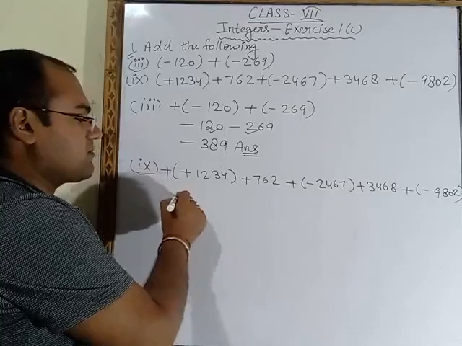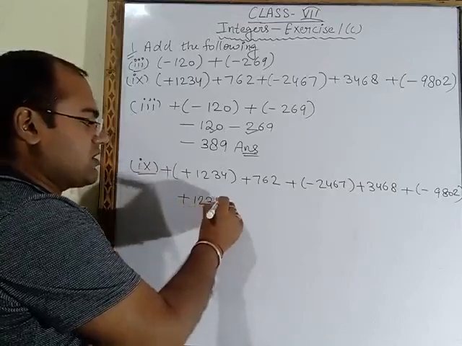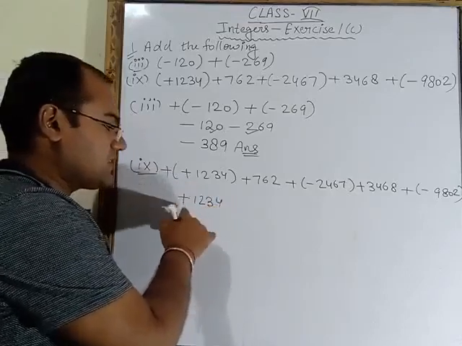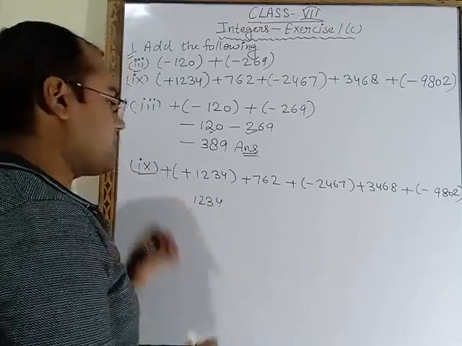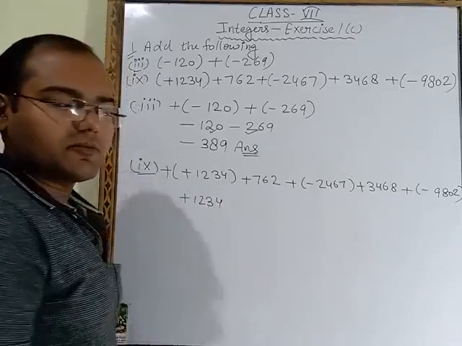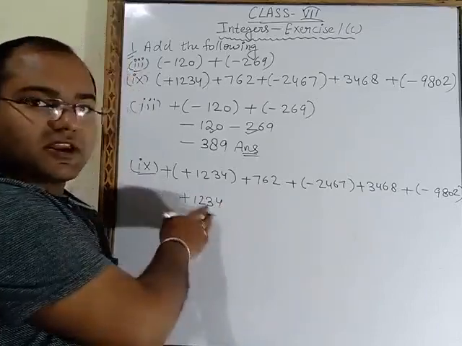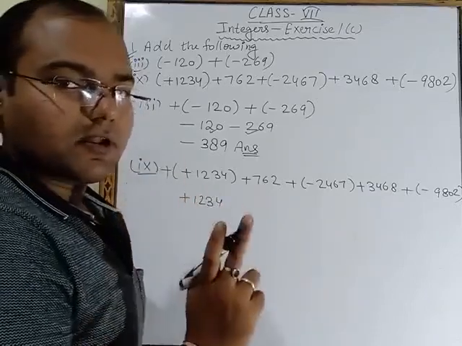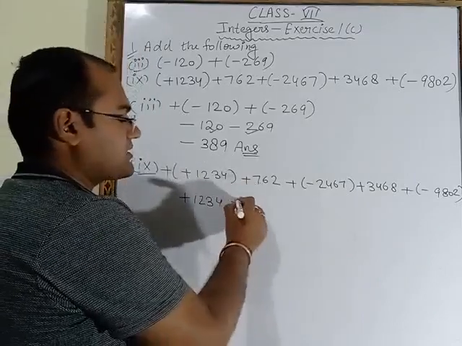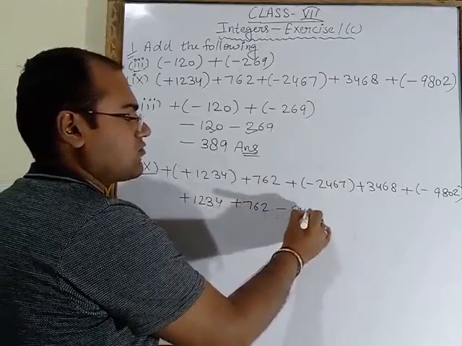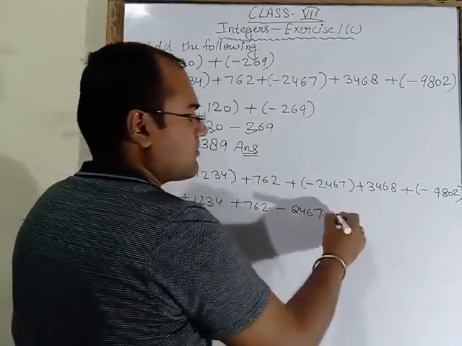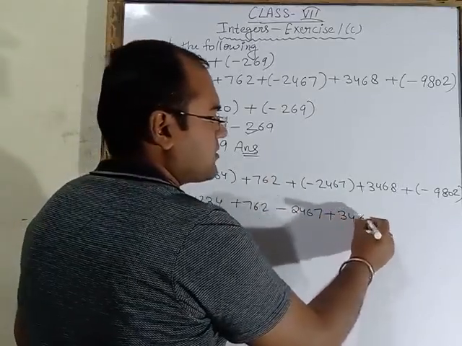Plus and plus will become plus 1234. It is not compulsory to put a plus sign in the beginning, it is optional. But if a minus sign is there in the beginning, then you have to put it, it is compulsory. Now plus 762 will be as it is. Plus and minus will become minus 2467. This number we write as it is, plus 3468.